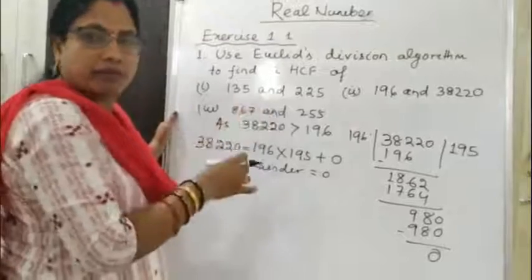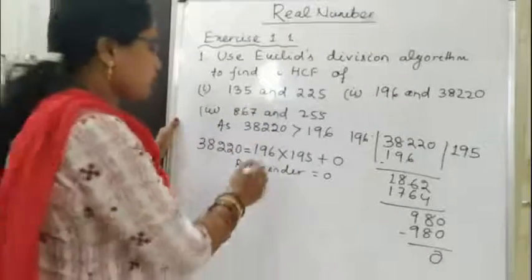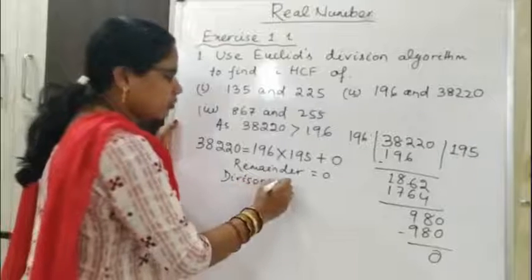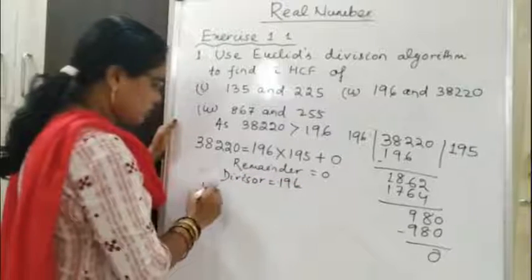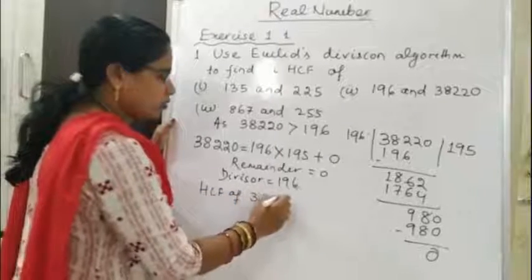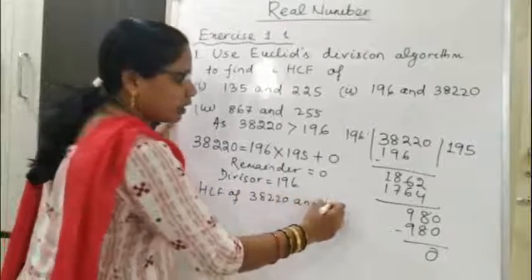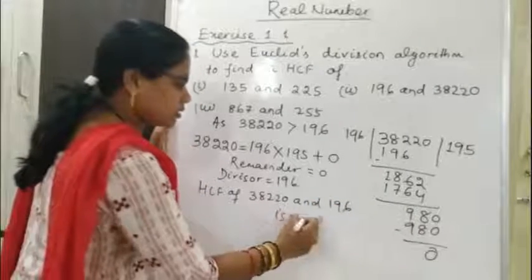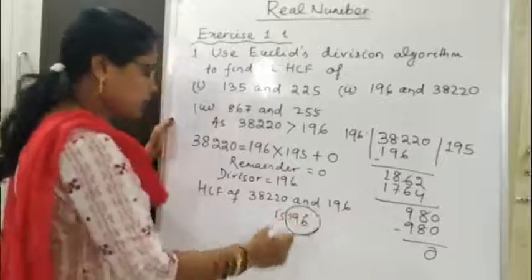When we get the remainder 0, the divisor in that step is the HCF. So here the divisor is 196. So the HCF of 38,220 and 196 is 196.